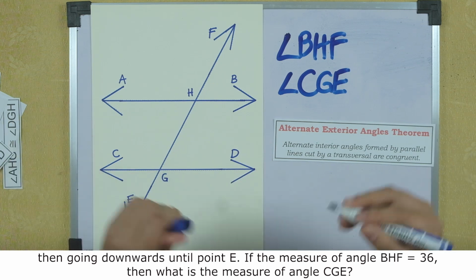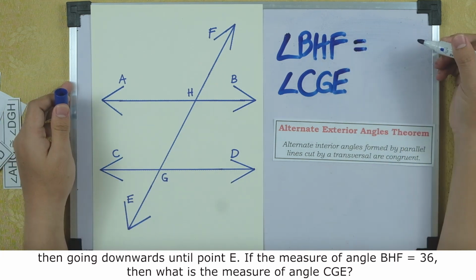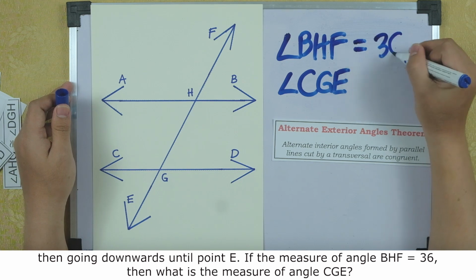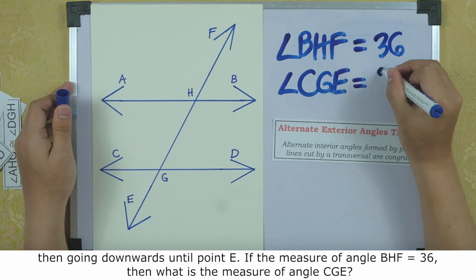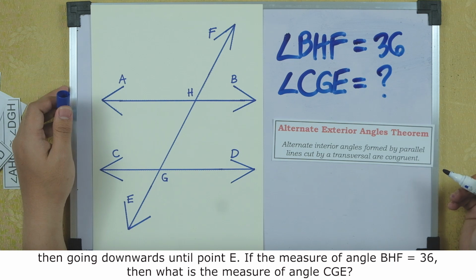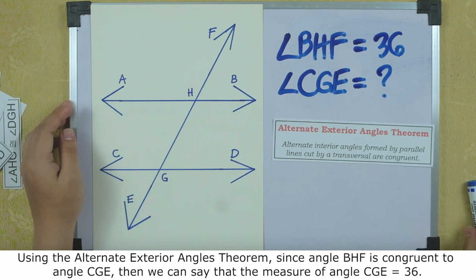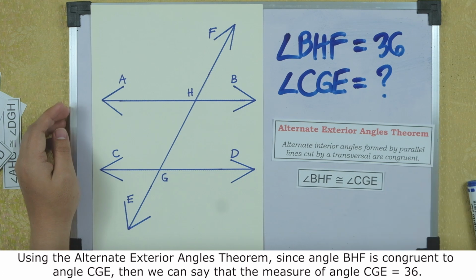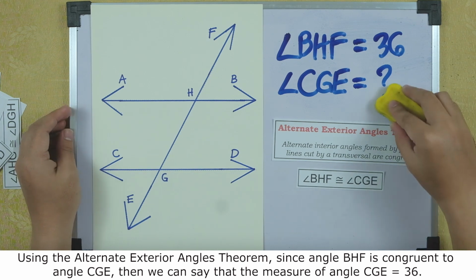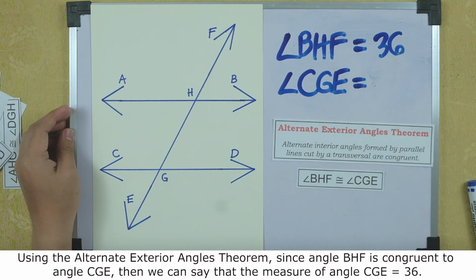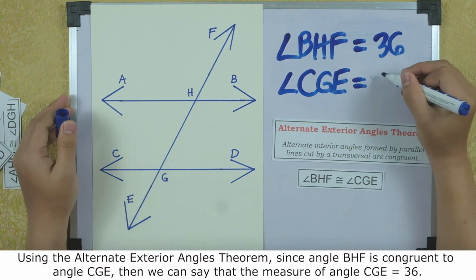If the measure of angle BHF is equal to 36, then what is the measure of angle CGE? Using the alternate exterior angles theorem, angle BHF is congruent to angle CGE. This means that angle CGE is also equal to 36.